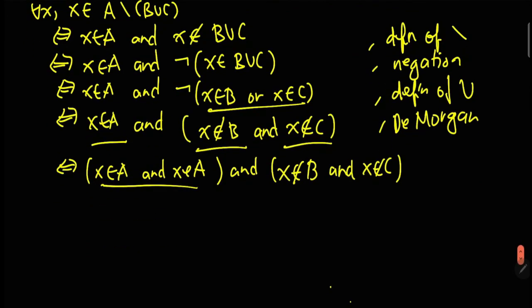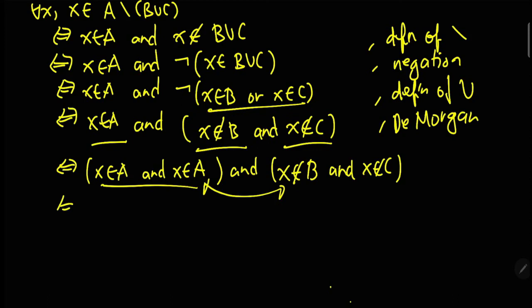Okay, so after including X is in A, I will now use commutativity. Of course, first I need to remove the grouping symbol and then reassociate X is in A and X is in B and then commute them.